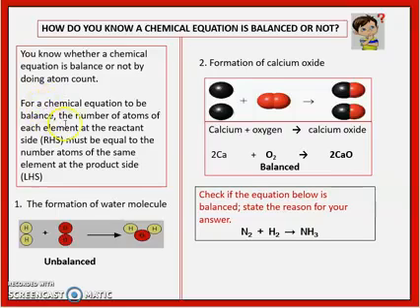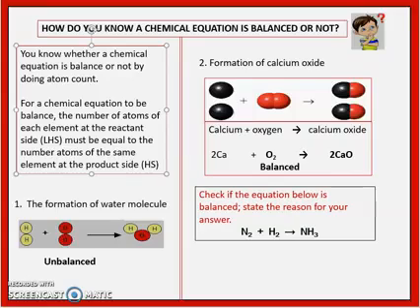You count the number of atoms of each element on the reactant side, that is the left hand side, and count the number of atoms of the same element on the right hand side. The atoms of each element on the left hand side must be equal to the atoms of the same element on the right hand side, which is the product side.